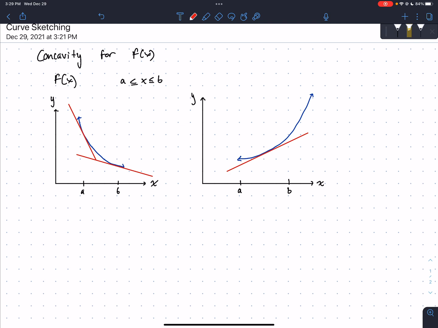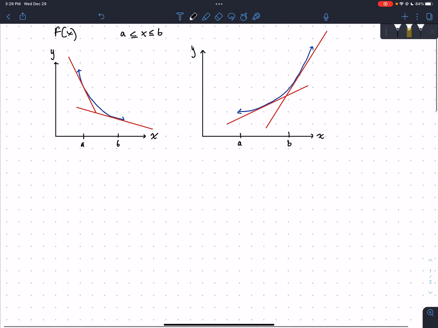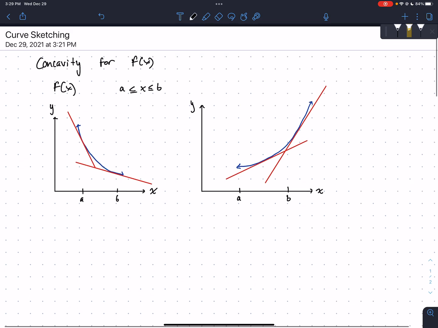The change from this tangent to this tangent is increasing. So this is what's known as concaving upwards. This is an upwards concavity.